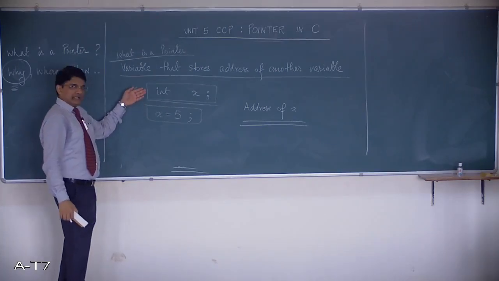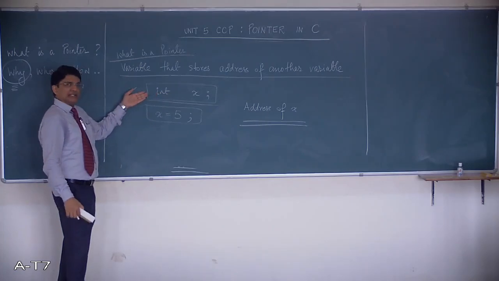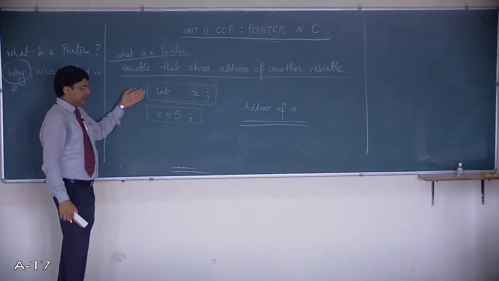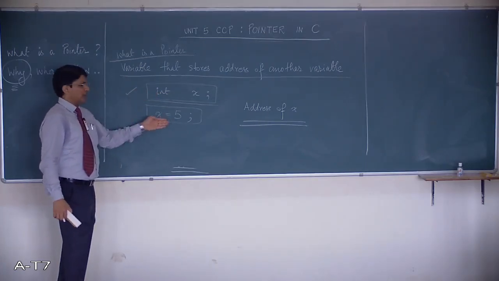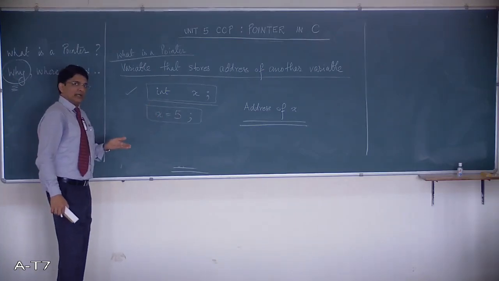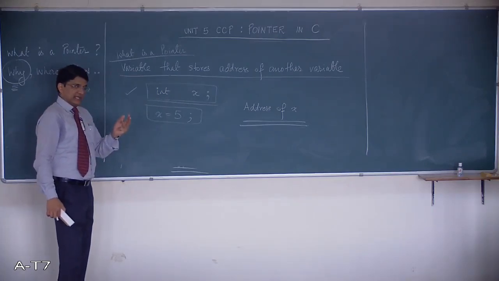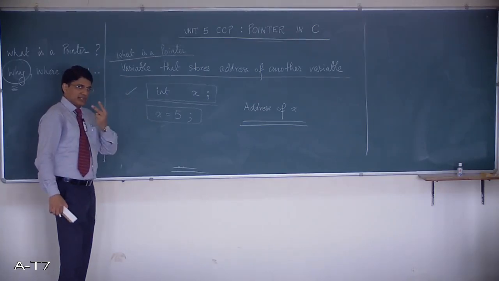See, there are two statements we have here. One is a declaration statement, one is an assignment statement. A simple integer variable x. First we are declaring it, then we are telling the compiler to put 5 into x. What the compiler has to do in the background, that also we have discussed. The compiler has to fetch the address of x from a memory address register.